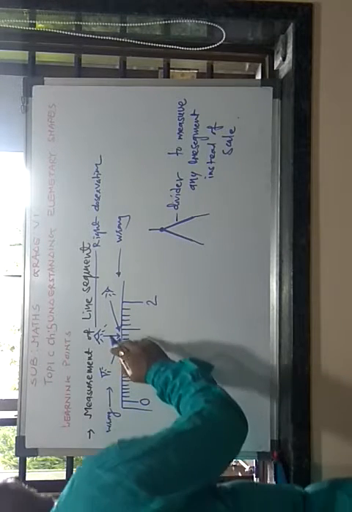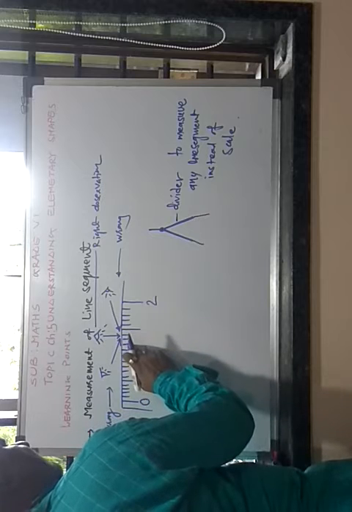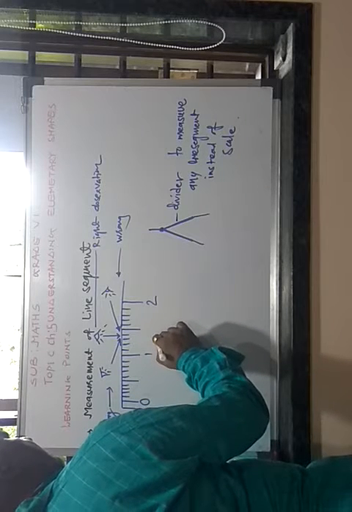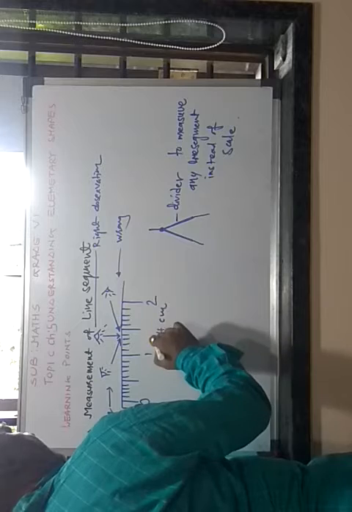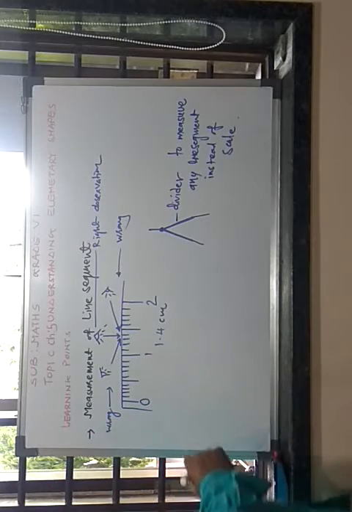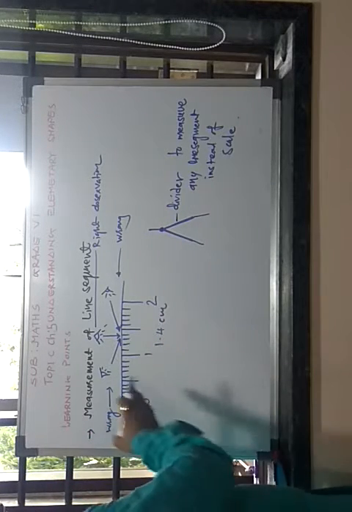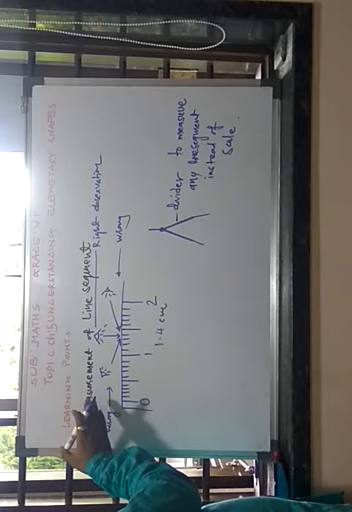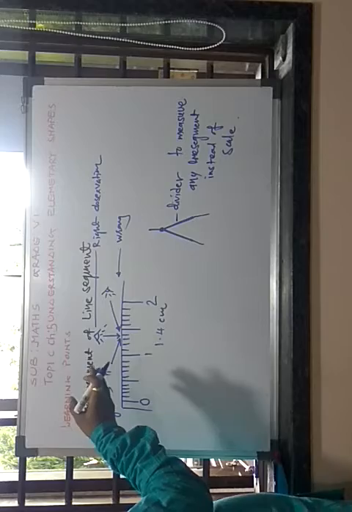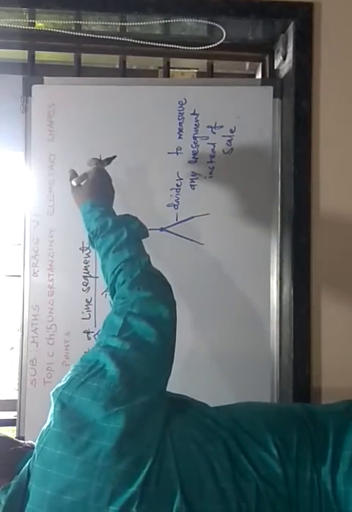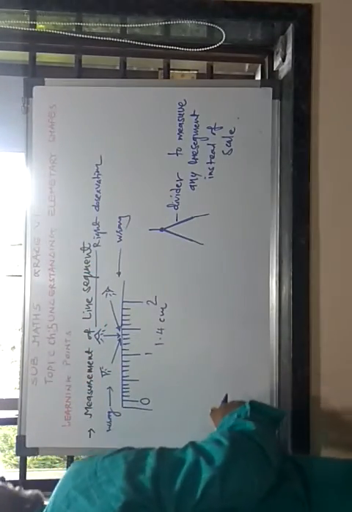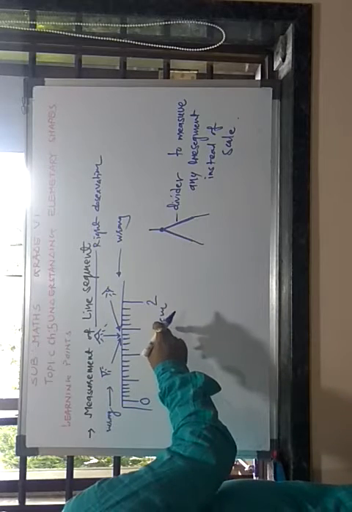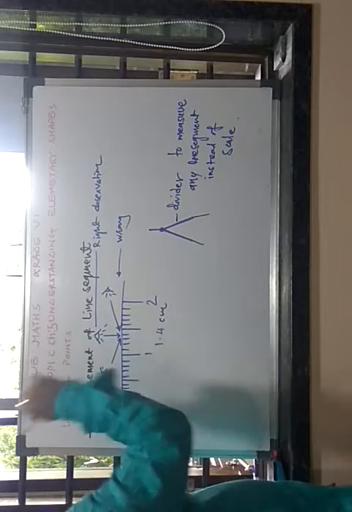Now here you can read 1.4 centimeter, right? But from this side, the person may read 1.3, and from this other side he may read 1.5. So 1.4 is the correct one, from the observer who reads perpendicularly.